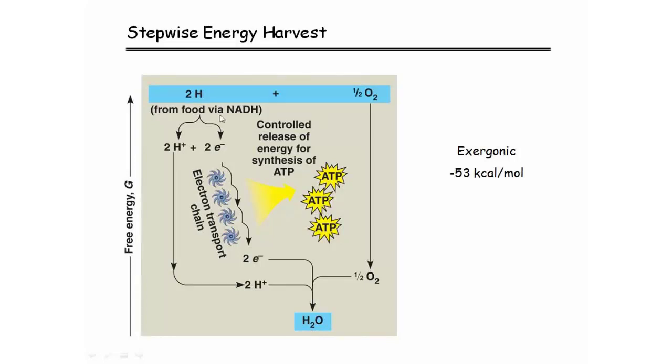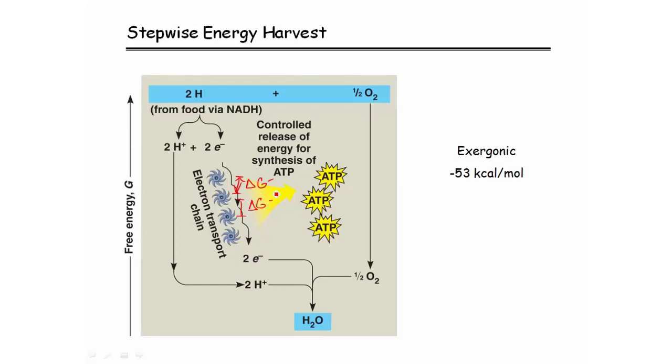Notice that with each step in this electron transport chain, you have basically a small amount of energy that is released. That would be the delta G for that reaction, and it is going to be a negative delta G at each step. Okay, so we have lots of little bits of energy that are being released along the way.